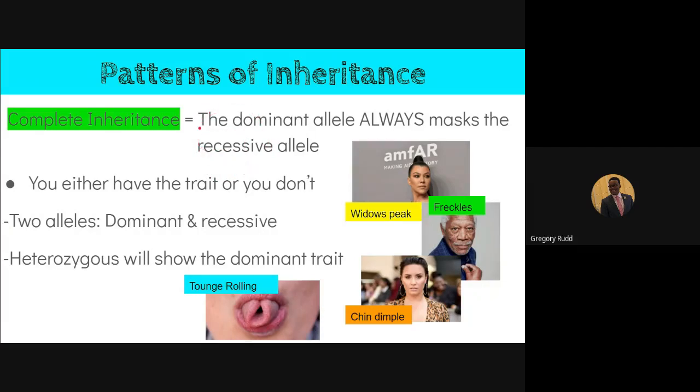This means that you either have the trait or you don't. It also means that the heterozygous genotype is going to show the dominant trait. And this is what Alicia was just talking about. This applies when you have what's called complete inheritance.